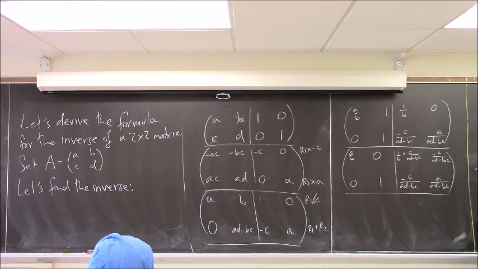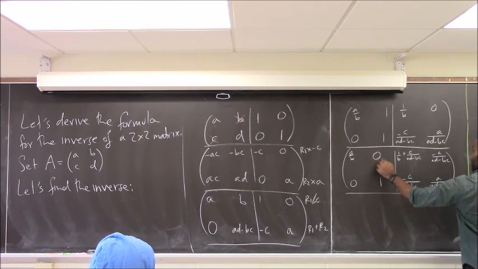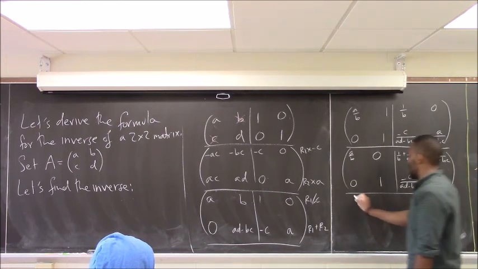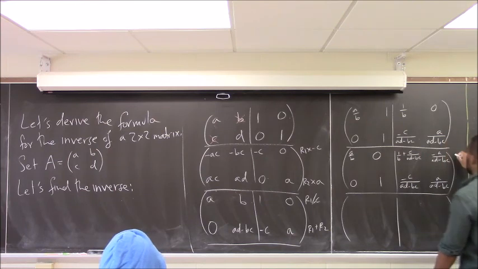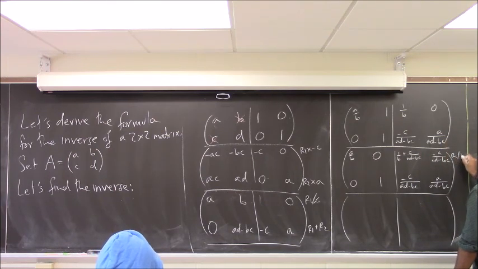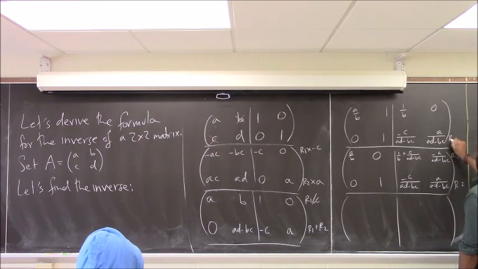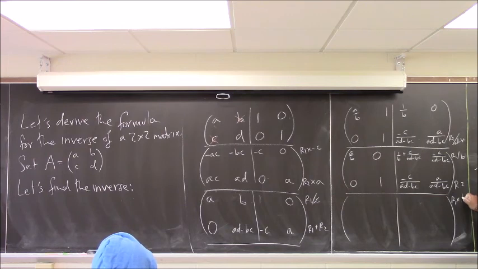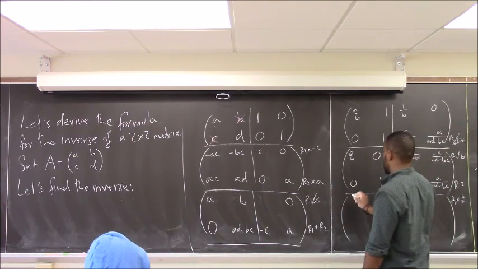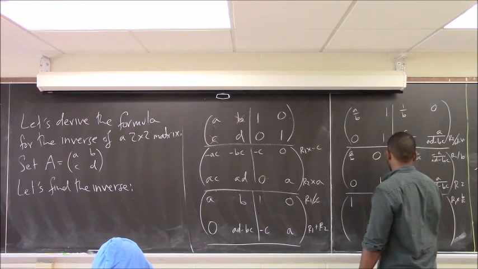This line is great, I want the 0, 1. Here I want 1, 0, so I'm going to multiply by b over a. This is row 1 divided by b, and here was row 2 divided by ad minus bc. What I can do now is multiply row 1 by b over a. I am going to get here 1, 0.